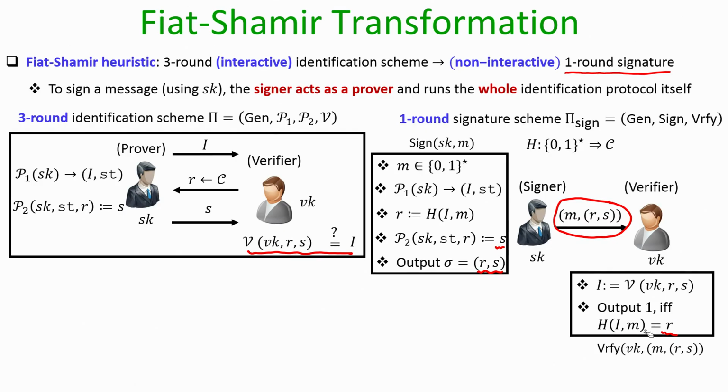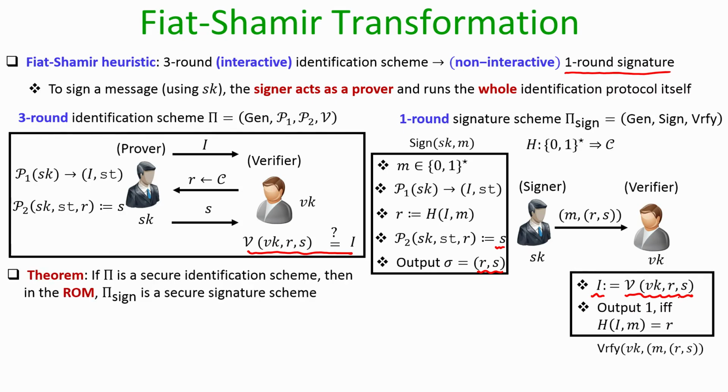And ideally, if the signer is honest, then the I generated by running the V function on the verification key, R and S would be such that the output of the random oracle on the generated I and M should indeed be equal to R, right.